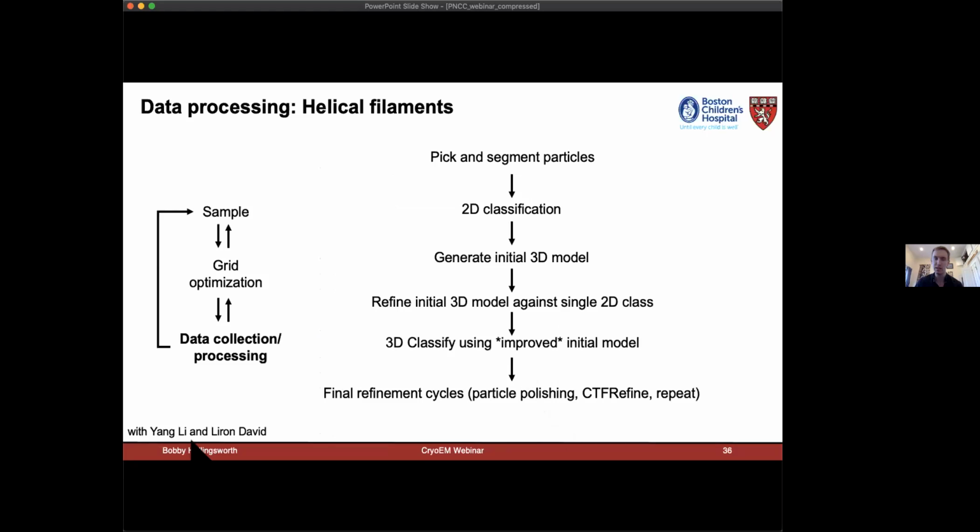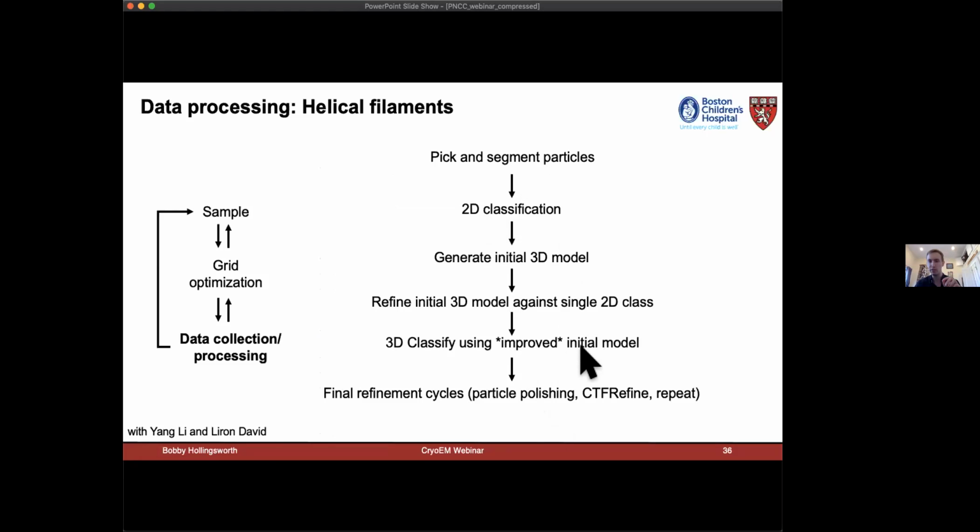And so our processing scheme, devised mostly by Yang, was to pick and segment the particles using a generous box size of like 800 angstroms, doing 2D classification and varying the parameters until the filament is situated very straight in the box. Then generate an initial 3D model like on the previous slide. And we refine that 3D model against the best single 2D class in order to refine the helical parameters.